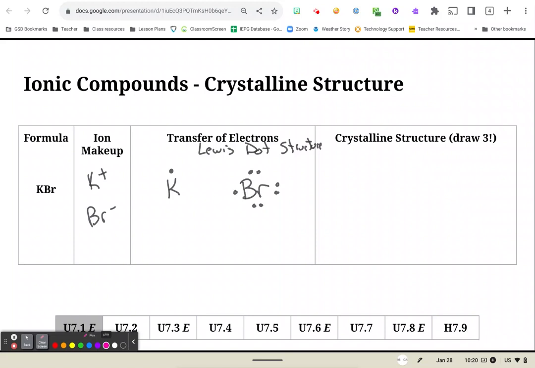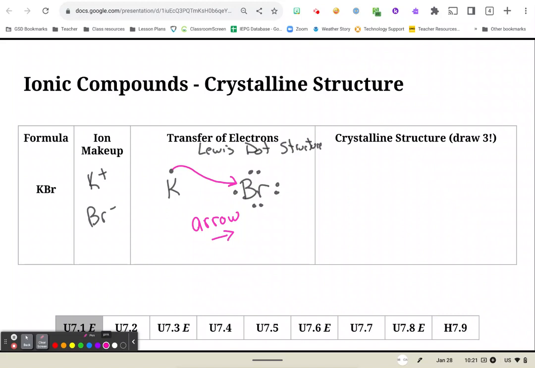So what you're showing for the transfer is you need to show an arrow from the metal to the non-metal. It does need to be an arrow. An arrow is something that actually has a directional component to it. So you're showing the electron is going from the potassium to that empty space in the bromine.